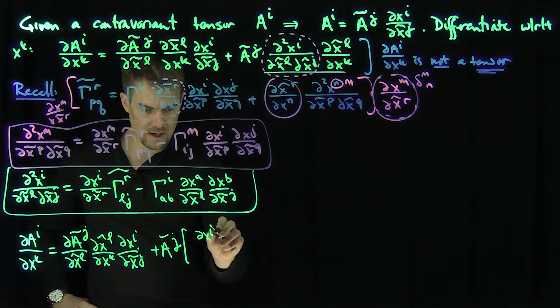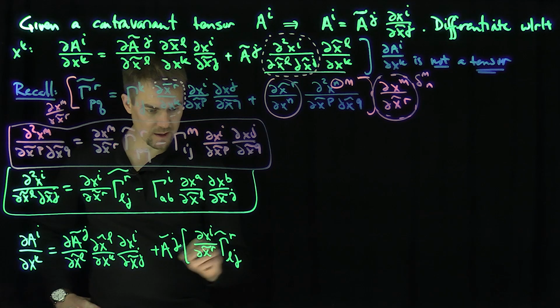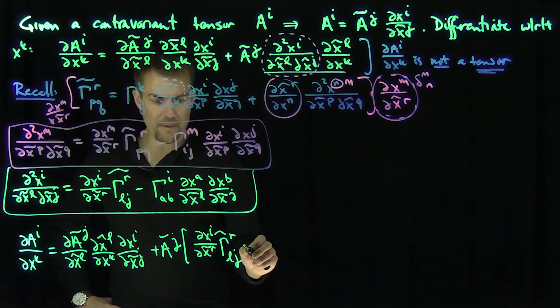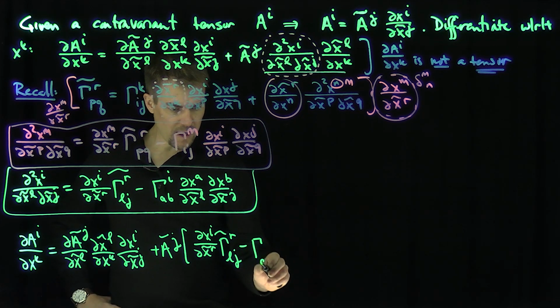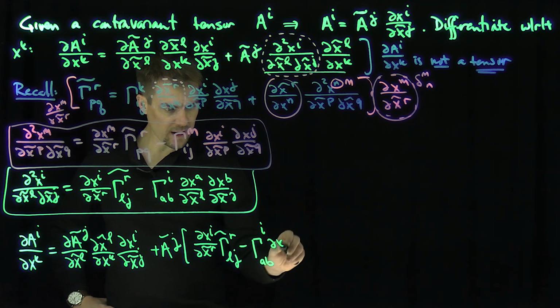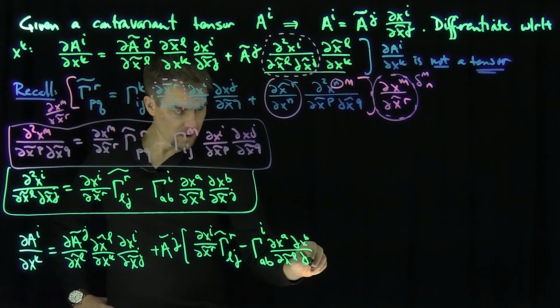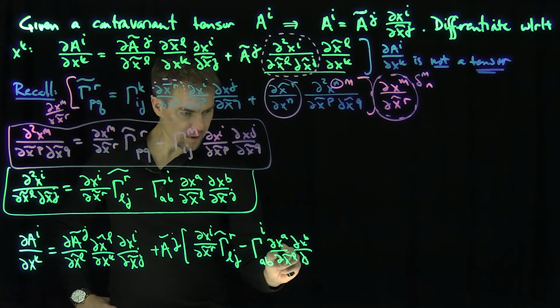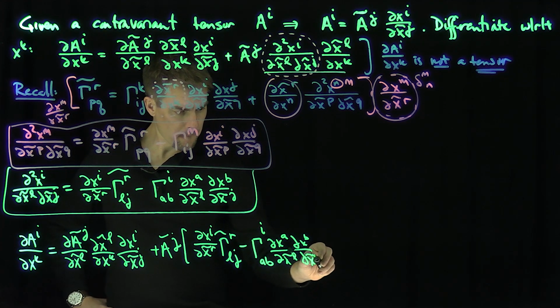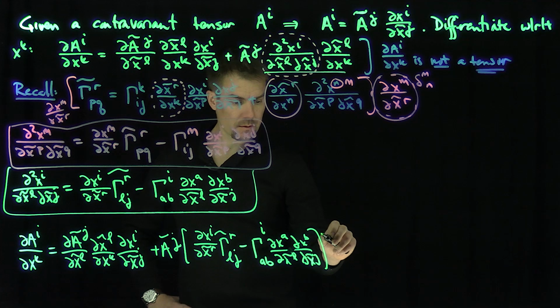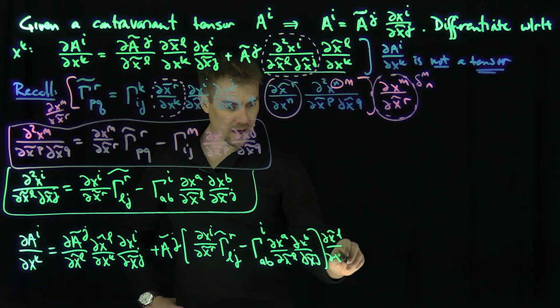Then ∂x^i/∂x̃^r Γ̃^r_lj, like that. Beautiful. And then I have a minus Γ^i_ab, dummy indices, ∂x^a ∂x^b over ∂x̃^l, and those are not the same, there's no bar over there, ∂x̃^j, like that. And all these things are hit with a ∂x̃^l/∂x^k.